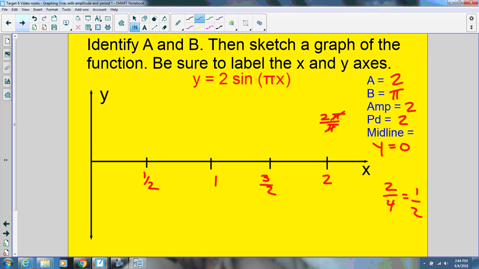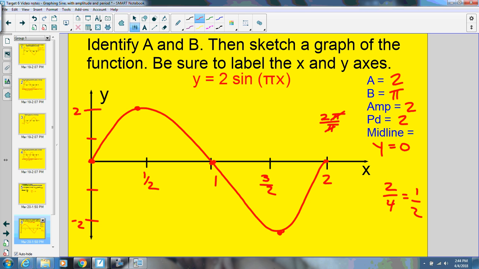I'm going to label my y-axis: since my amplitude is 2, I'm going to go up 2 and down 2. Now I'm going to draw on this sine function. It starts at 0, goes up to the max, back to 0, goes to its min, back to 0. So there's the graph of that function.